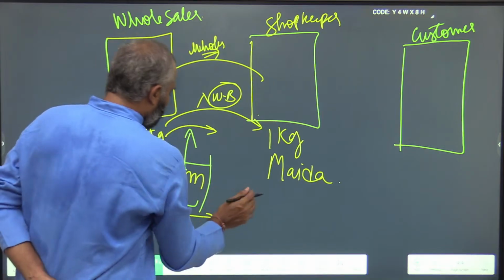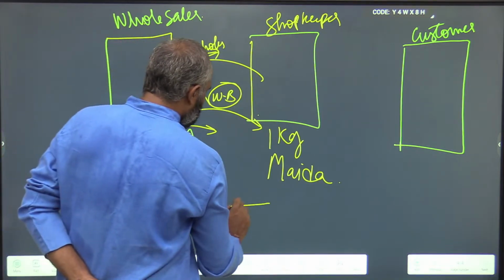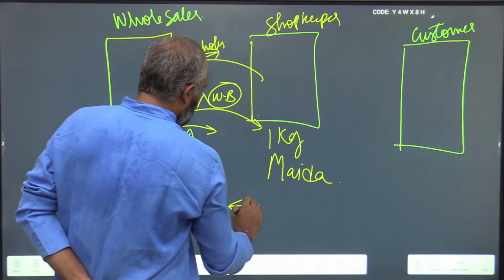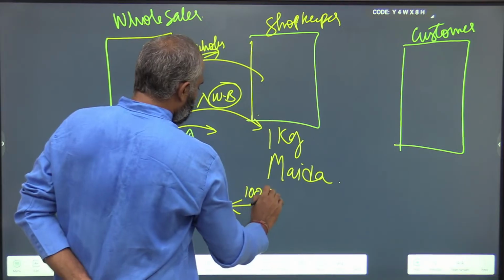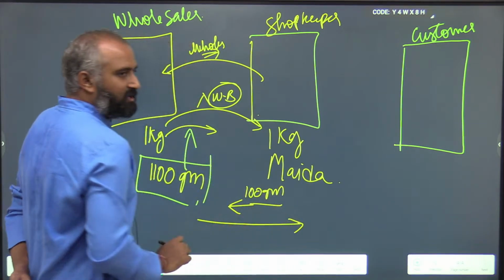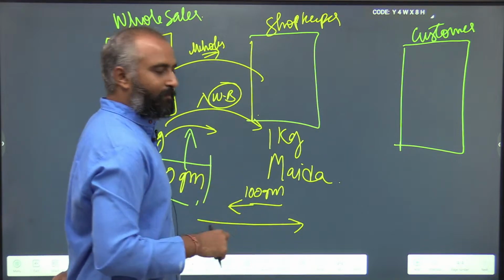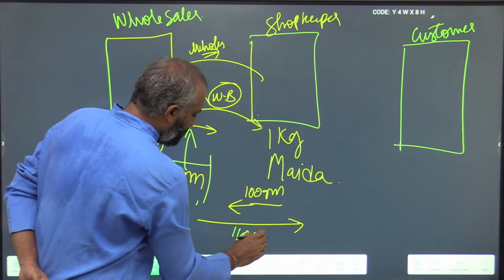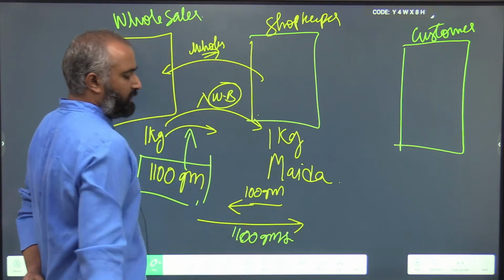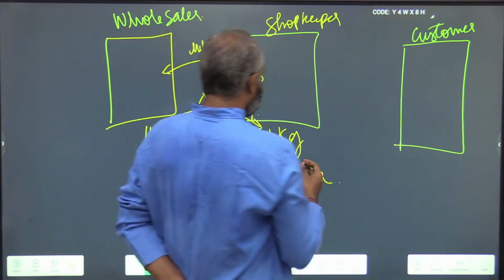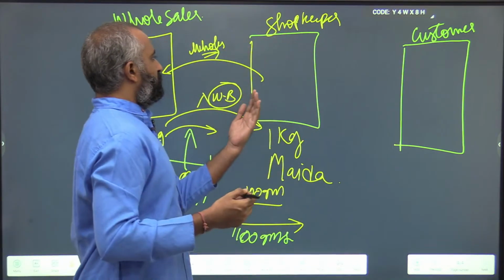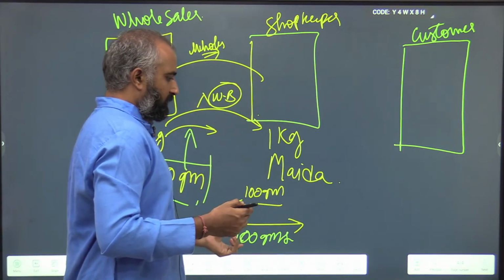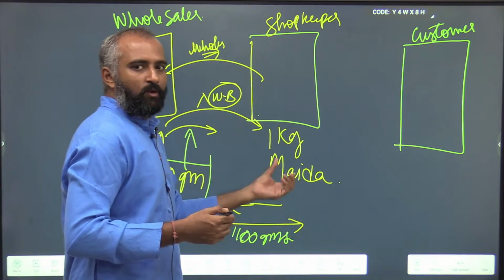Although he is paying for 1 kg or 1000 grams, because of his tampering of the weighing balance, he is getting a material worth 1100 grams. So how does a shopkeeper cheat the wholesaler? By taking more quantity than what he paid for.